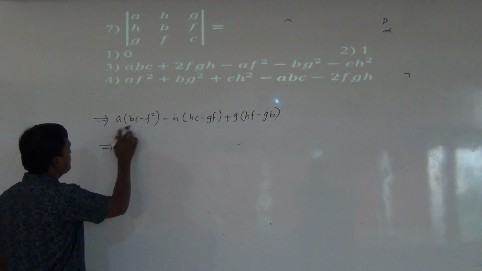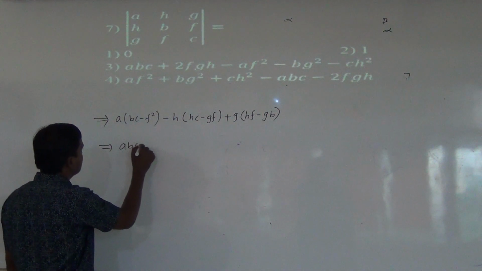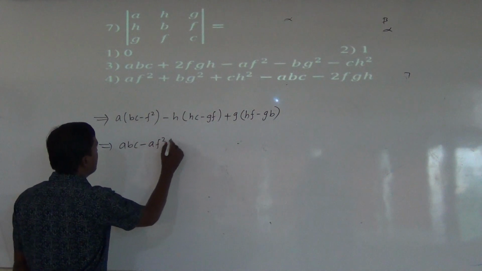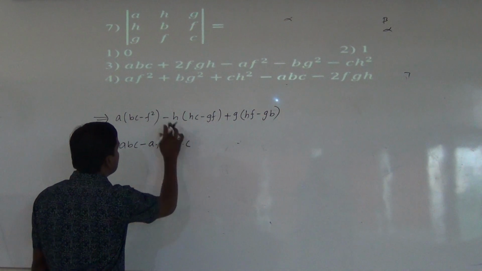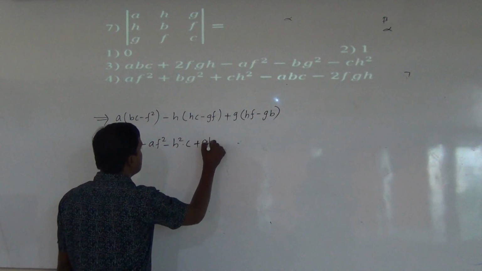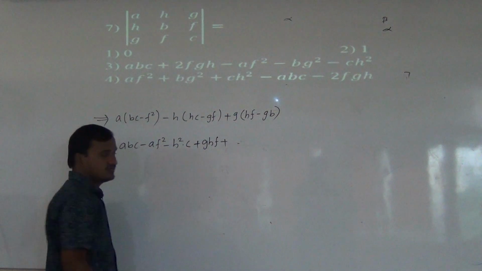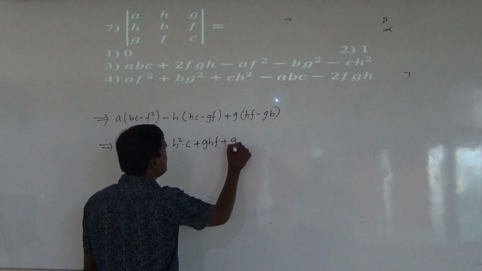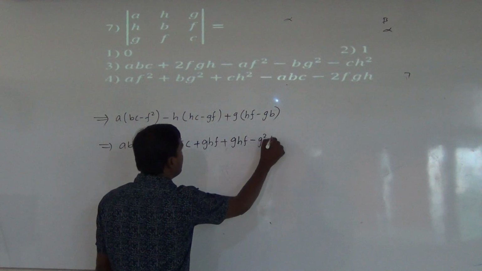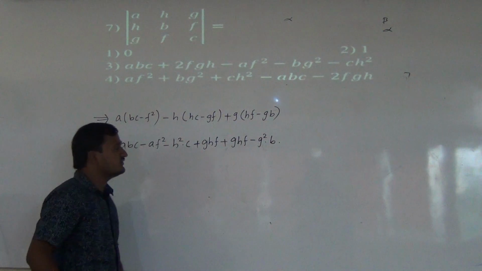So simplification: here it is ABC minus AF square minus H square into C, minus into minus plus. Again here it is GHF, plus GHF minus G square into B. G into G means G square.